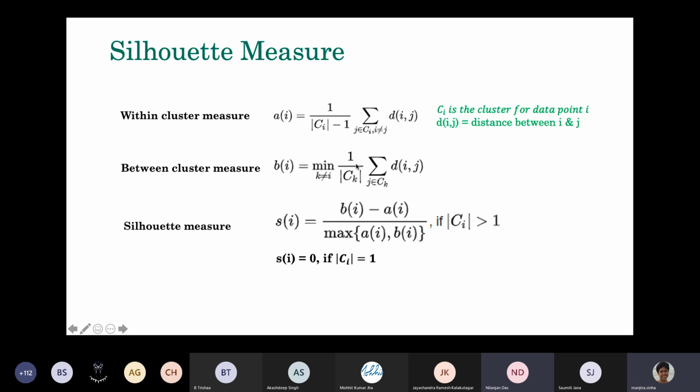No, this is not a parameter. We are just taking the minimum over all the clusters K, where K is not equal to i. I think the confusion is because i is denoting both the data point and the cluster. We are saying the data point i belongs to the cluster Ci, or the cluster i. That is why it is written K not equal to i.